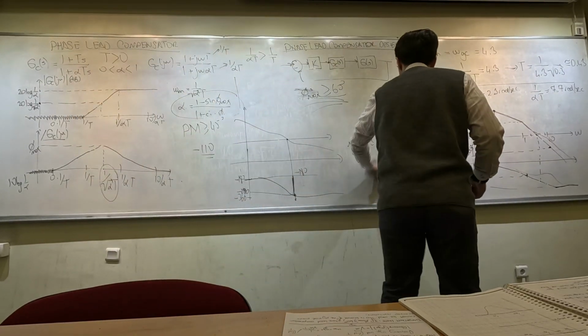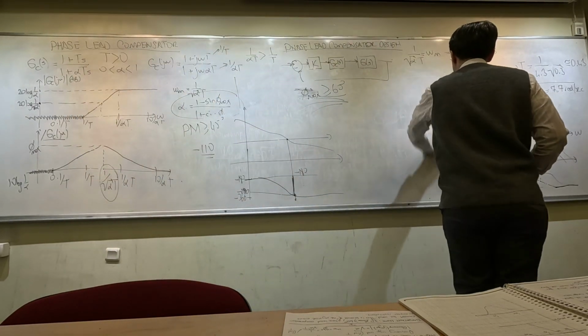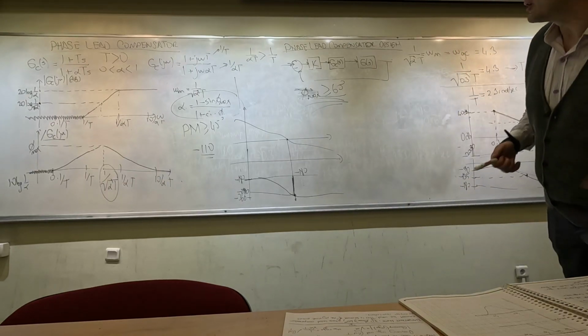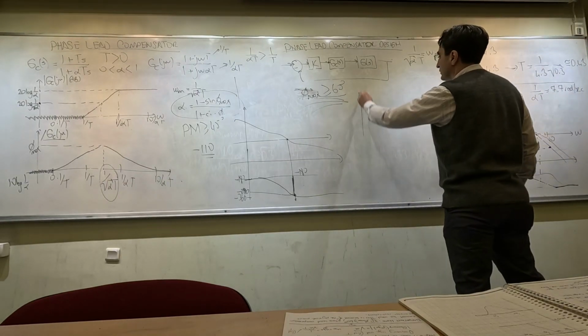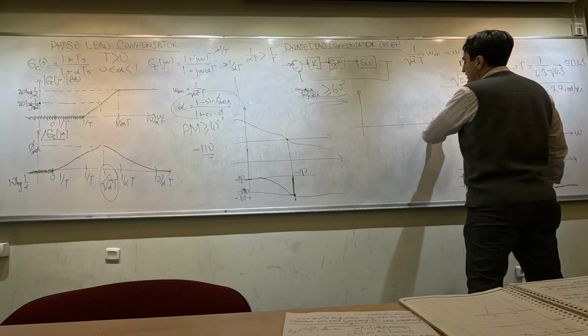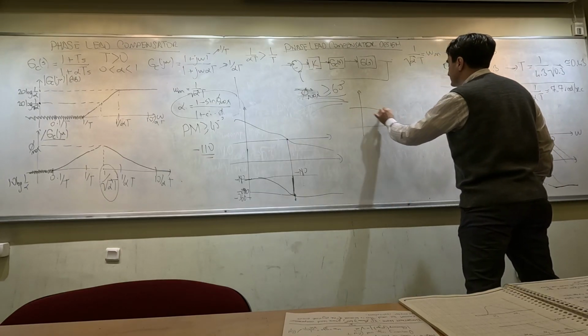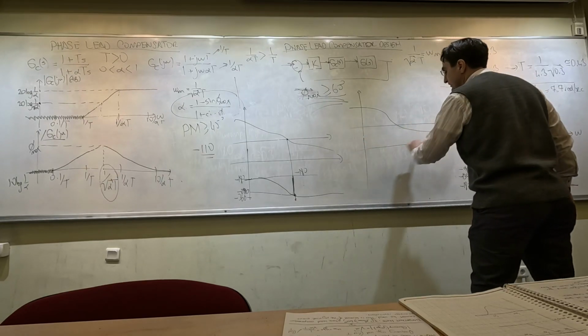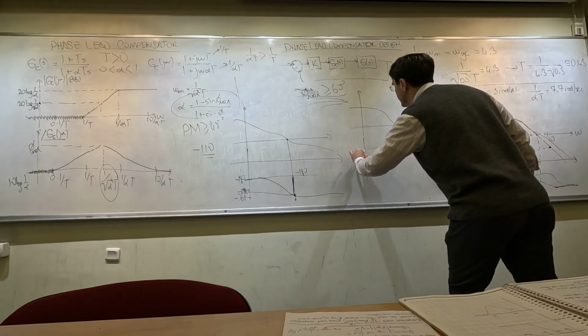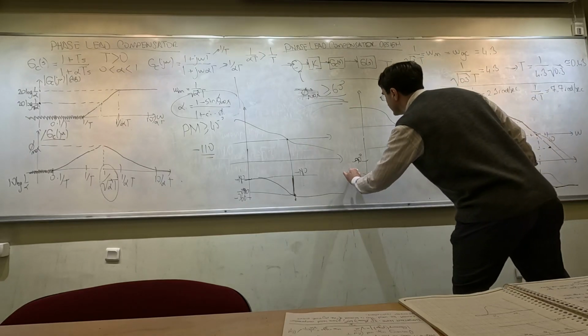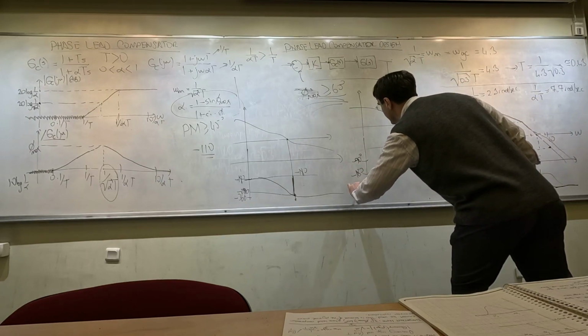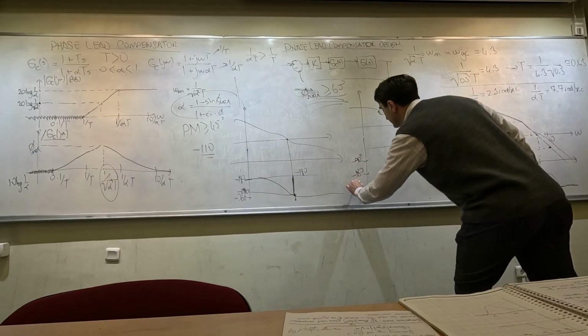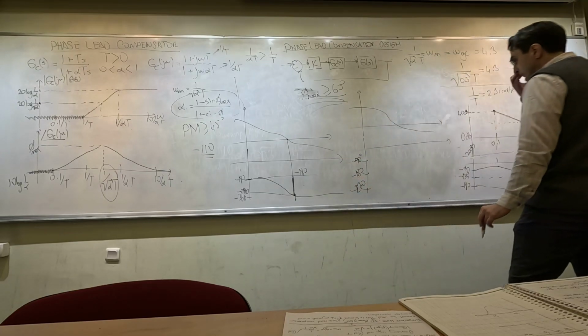So here I will try to show you something else, and I will try to motivate the phase lag compensator. So here, let me say that this is again our magnitude curve, and in this case, let me say that this is starting from minus 90 degrees, minus 180 degrees, and let me say, minus 270 degrees. Okay?